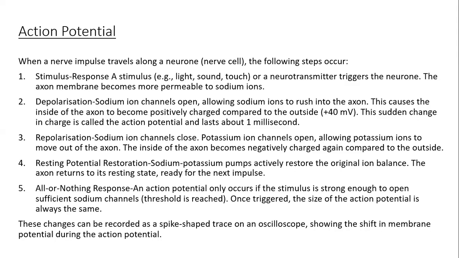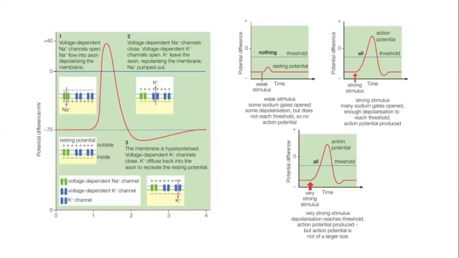Now just think that the stimulus reaches a very strong level, and the action potential is triggered, but it remains at the same size and shape. That means plus 40 at this level only, right? It is not going to go beyond this.